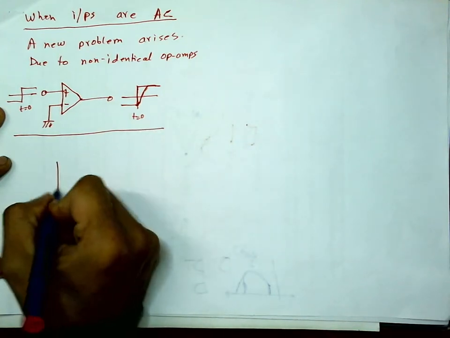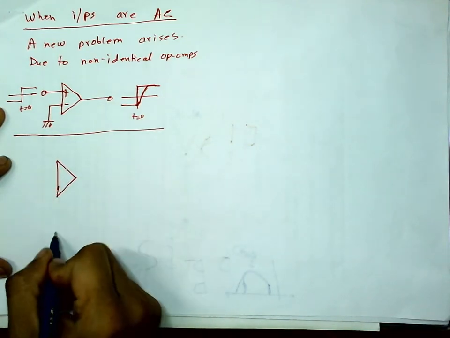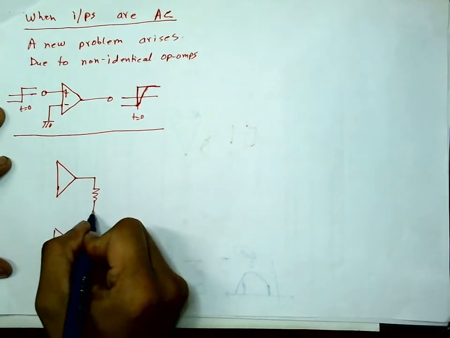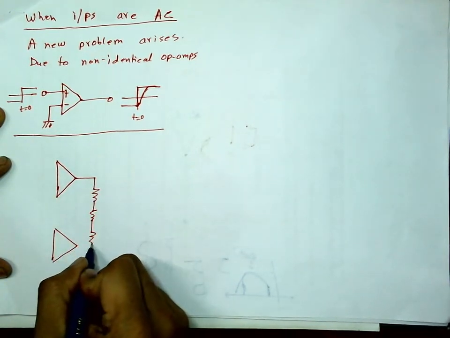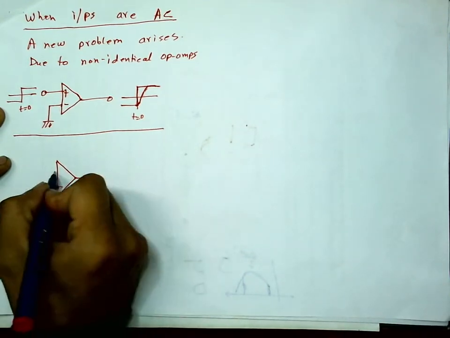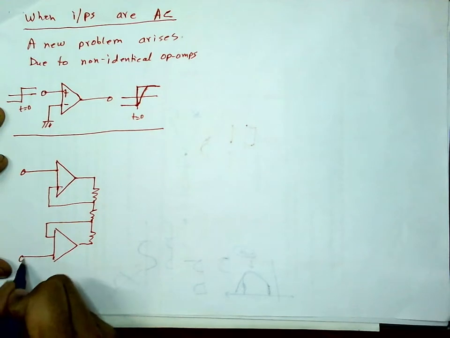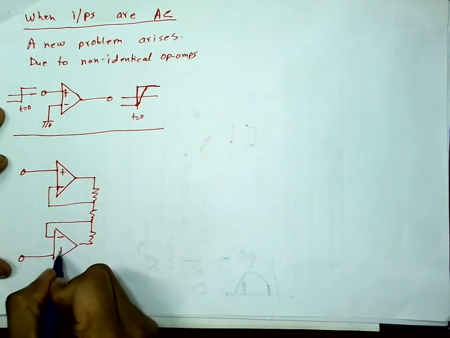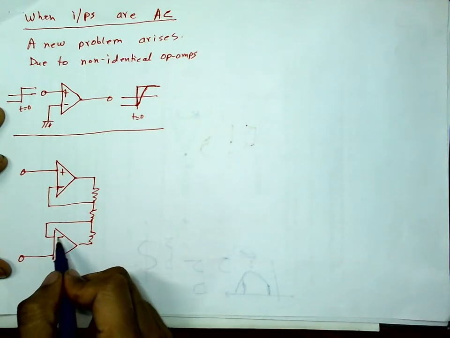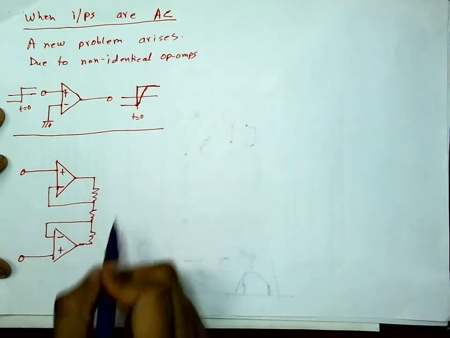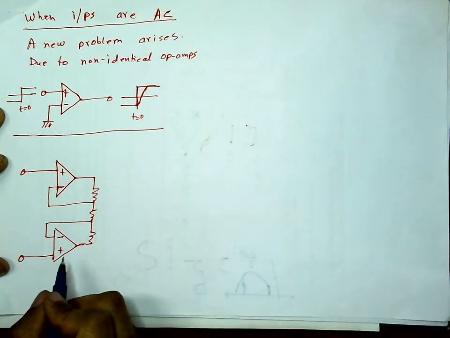The stage 1 is like this. So this is minus, plus, minus, plus. Feedback always at the negative input. Okay, negative feedback. So that's stage 1.